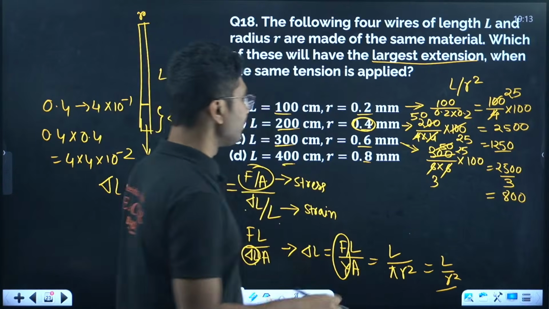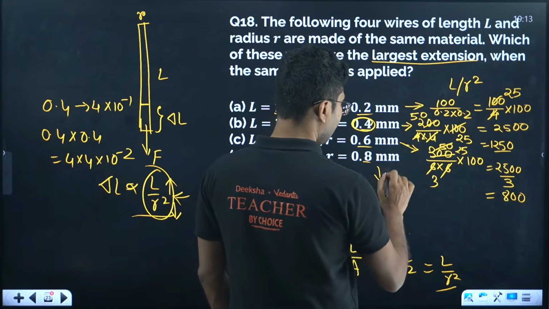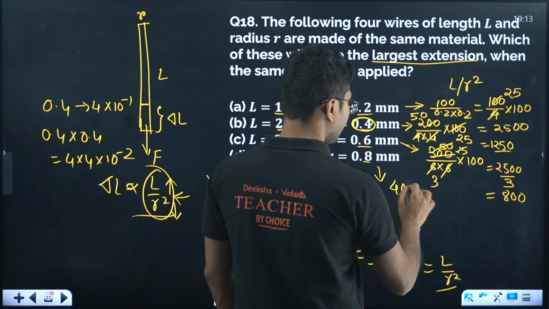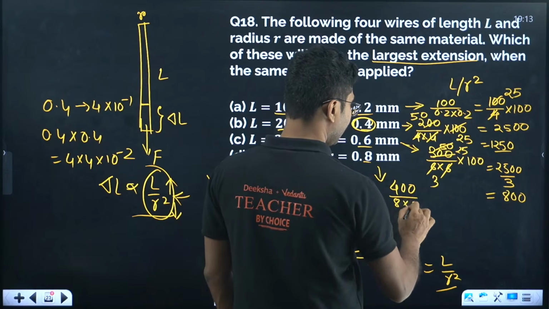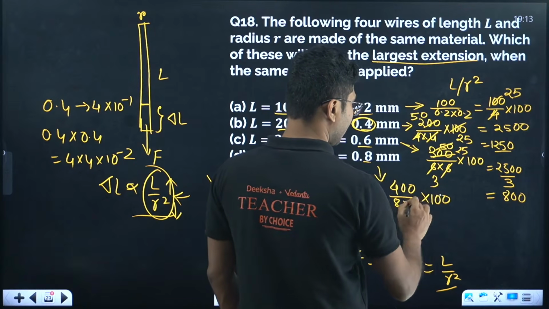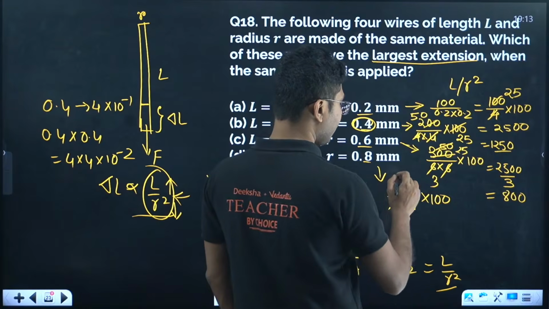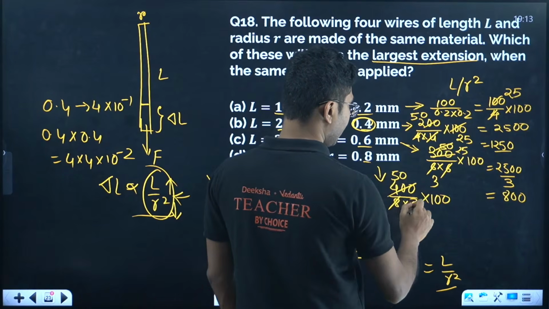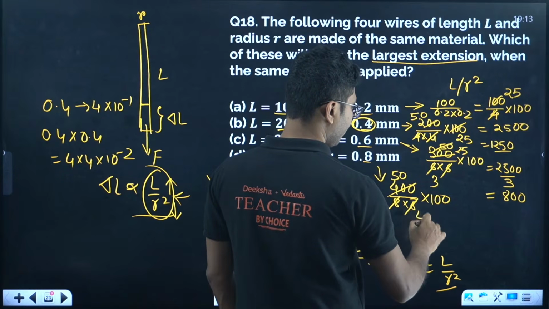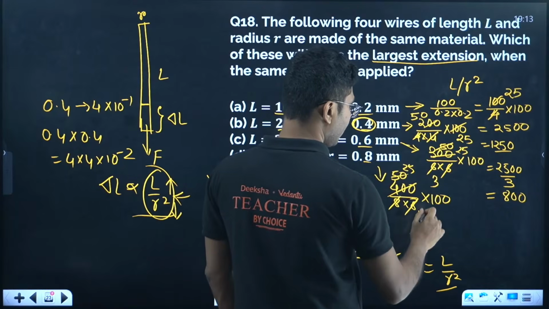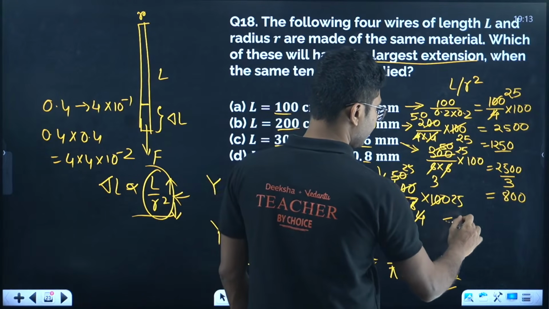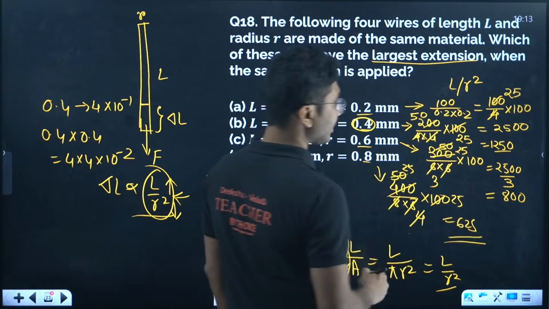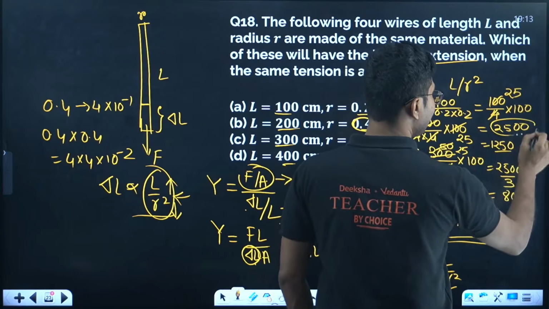Obviously less, so we do not care. For this one, let's say 400 divided by 8 into 8 into 100. I guess you have understood the pattern. This is 625. As you can see, the first one has the highest value.